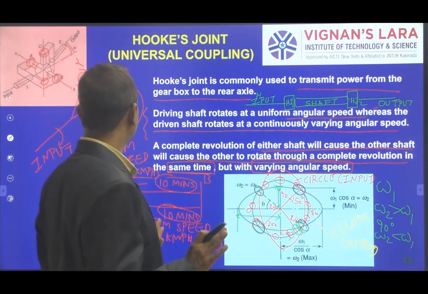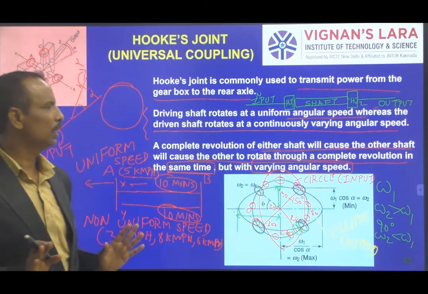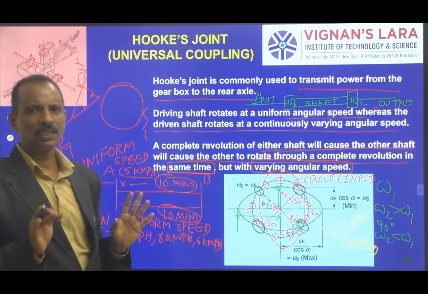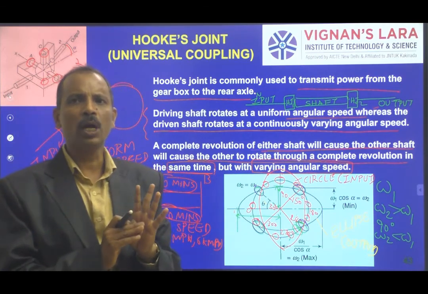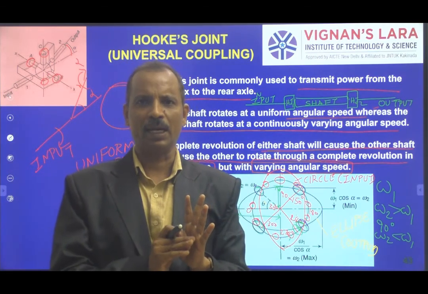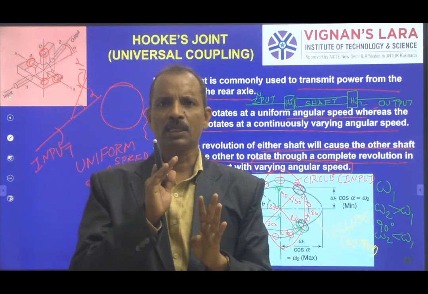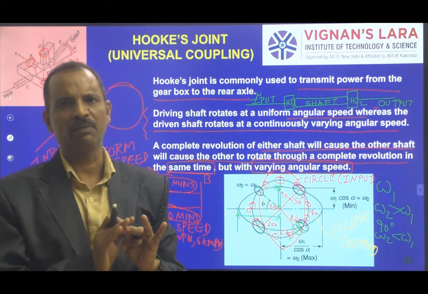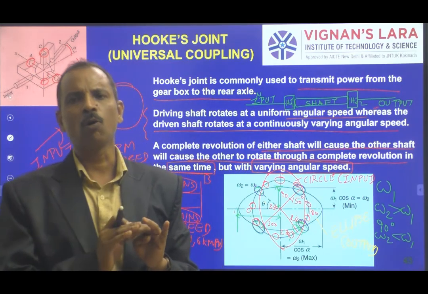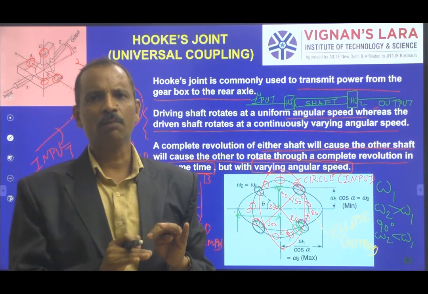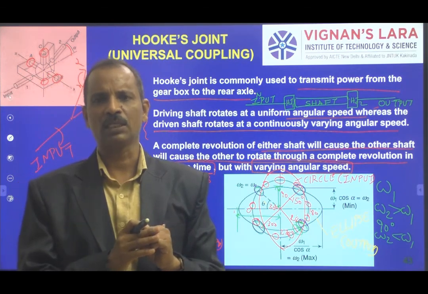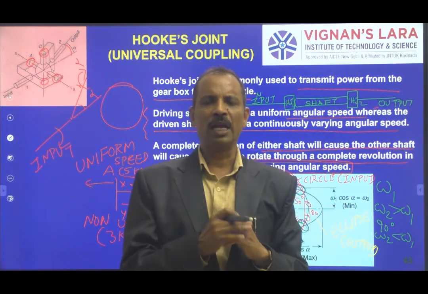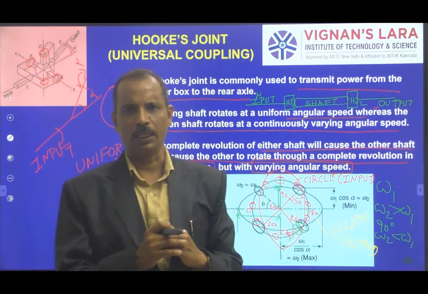Okay, so with this we will close the hook joint, or called universal coupling, isn't it? So the summary is like this: a hook joint is used to provide angular flexibility, and a single hook joint will not be used in the majority of cases, because the output shaft is not maintaining uniform angular velocity within the cycle. To overcome this, we would like to use a double hook joint.